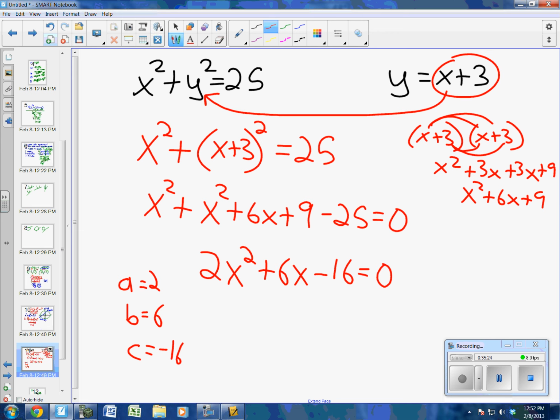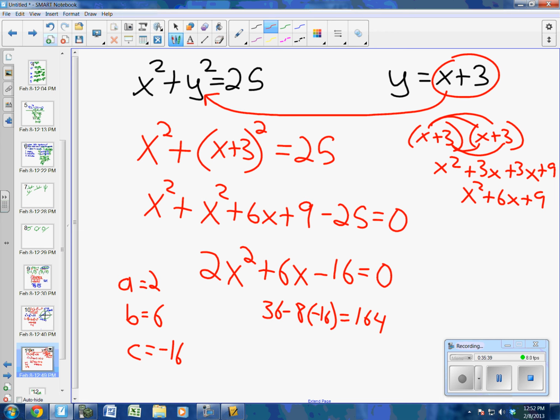Okay, so the discriminant is 164, because it's 36 minus 4 times 2, which is 8, times negative 16. Anybody agree with that?